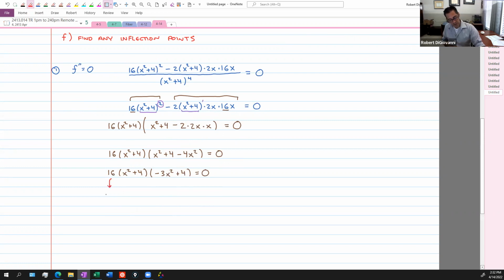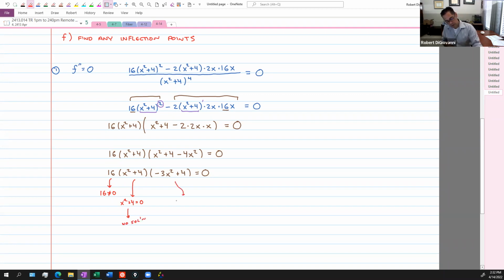So when I set that equal to 0, well, 16 can never equal 0, so that's gone. Don't worry about that. How about when I set this equal to 0? No solutions, right? Because if you move the 4 to the other side, you get x squared as negative 4, and there's no real numbers that'll work, so no solution here.